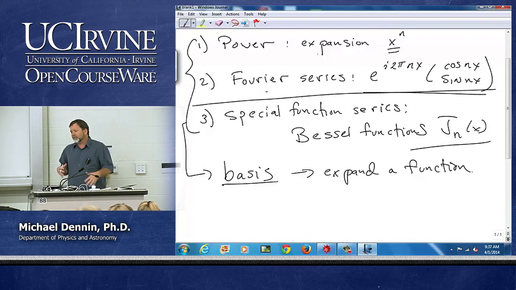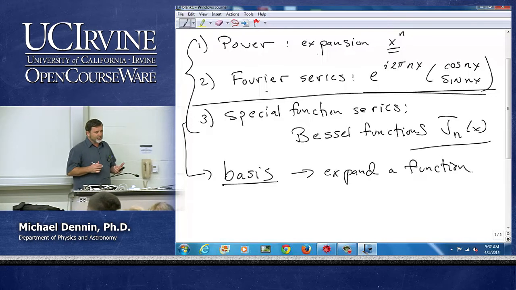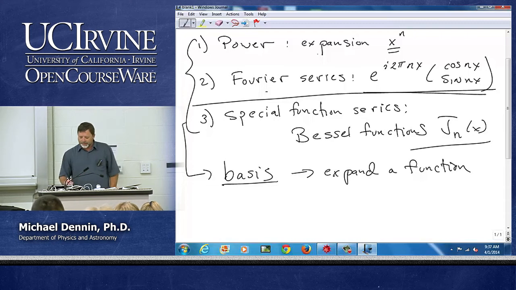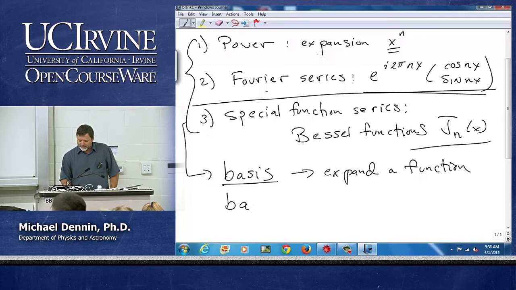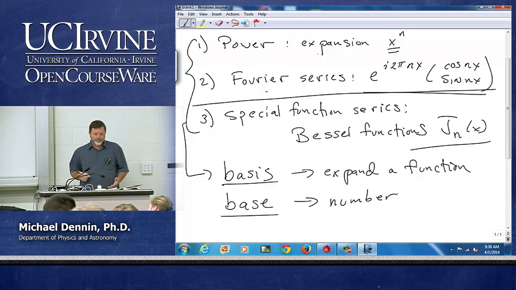And we're going to go into bases in real detail in the linear vector spaces, but I think it's useful to take a step back to what we were doing yesterday and recognize that a basis is the same idea as when we have numbers and we do numbers in different base, like base 10 or base 2.